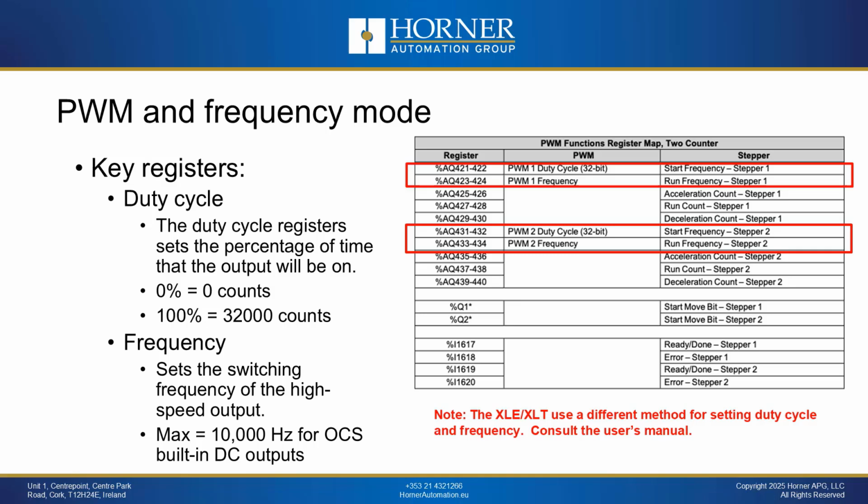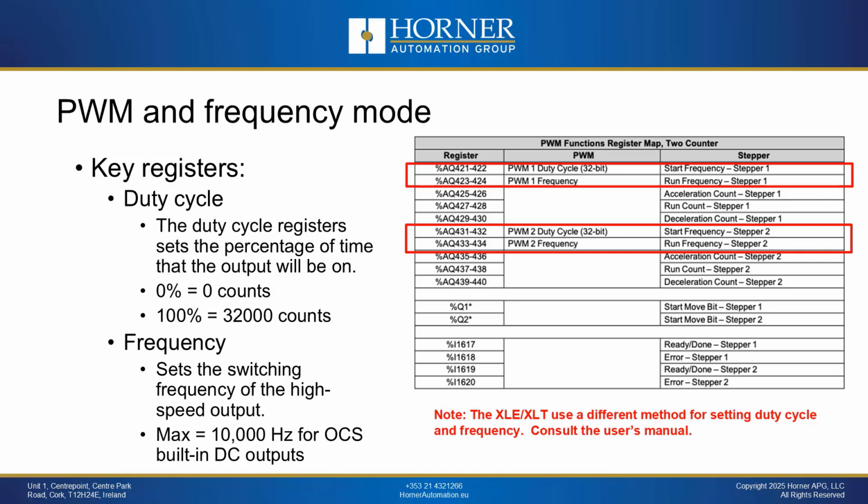So again, every manual is important, and effectively what you are going to do, at least in terms of the XL Prime, is set your duty cycle based on 100% equals 32,000 counts. So if you want 50% duty cycle, you would set your duty cycle register to a value of 16,000, and for 25% duty cycle, you would set it to 8,000, because again, 100% duty cycle is 32,000 counts.